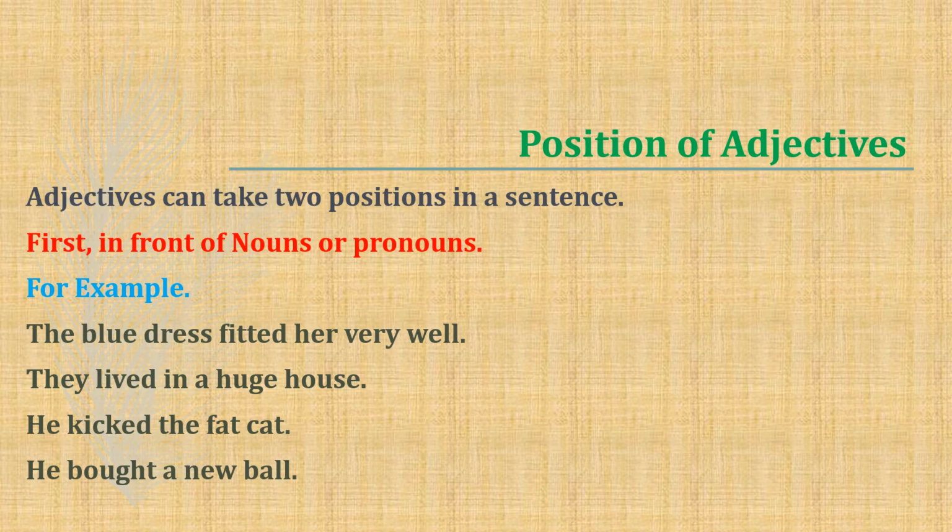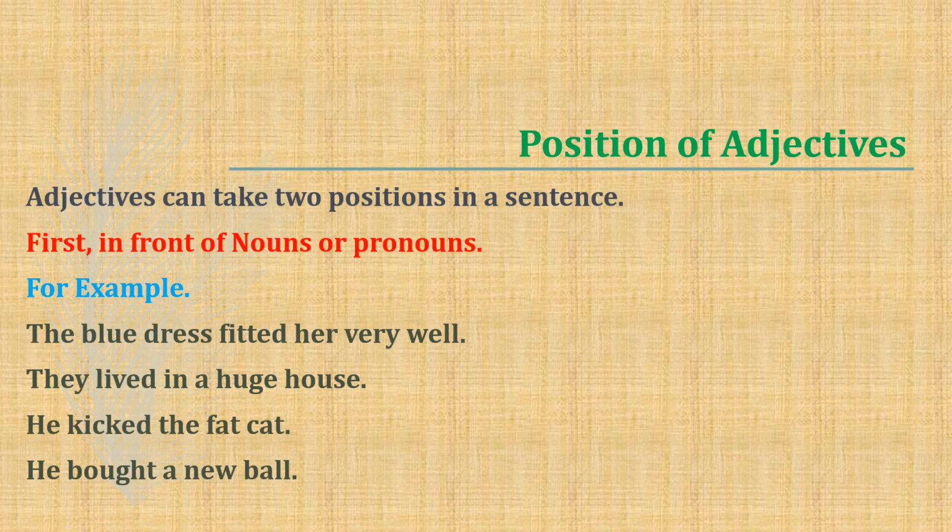And the first one is in front of nouns or pronouns. This simply means that the first place where an adjective can be used is in front. They can appear in front of either nouns or pronouns.